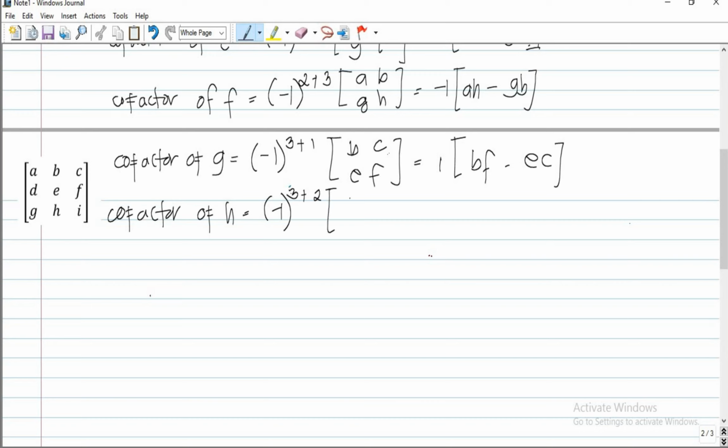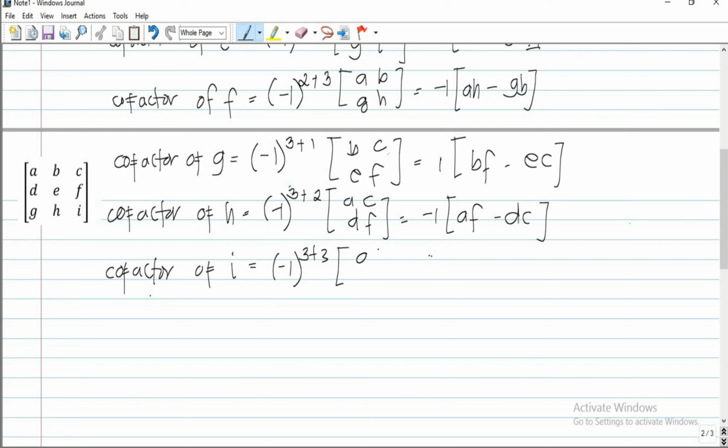And the elements, we have A, C, D, F, and that is equal to negative 1, AF minus DC. Lastly, for the cofactor of I have negative 1 raised to 3 plus 3, that's A, B, D, E, so that is equal now to 1 times AE minus BD.